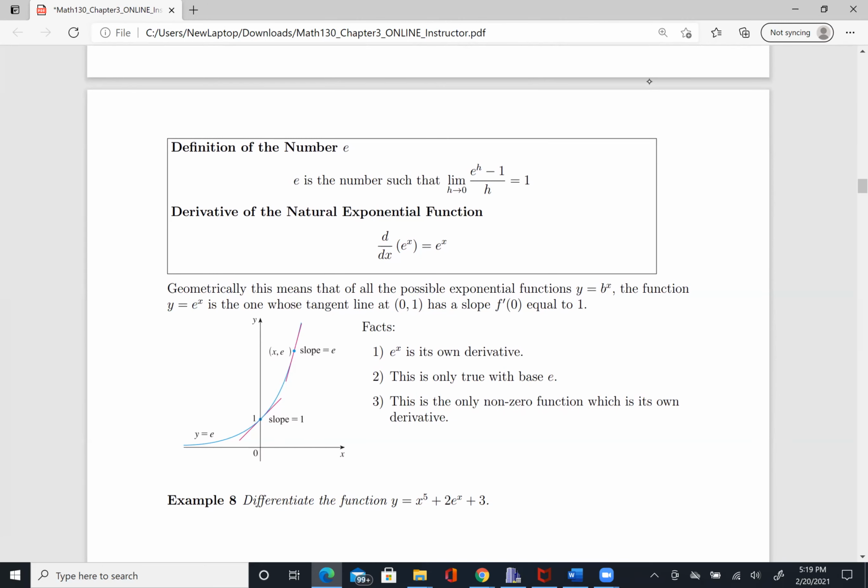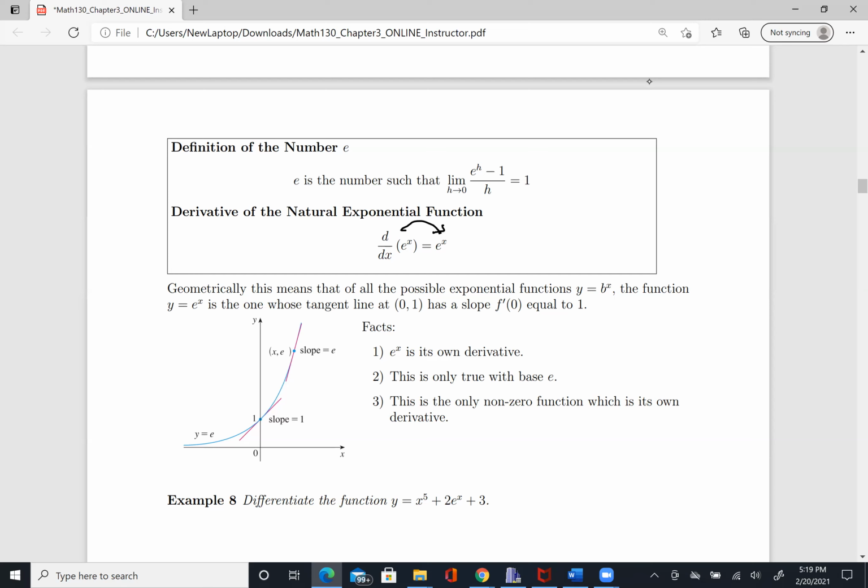You should know that e is the number such that the limit of (e^h - 1)/h as h goes to 0 is equal to 1, and that's the definition of number e. And the derivative of the natural exponential function will be itself. The derivative of e to the power x is going to be e to the power x.